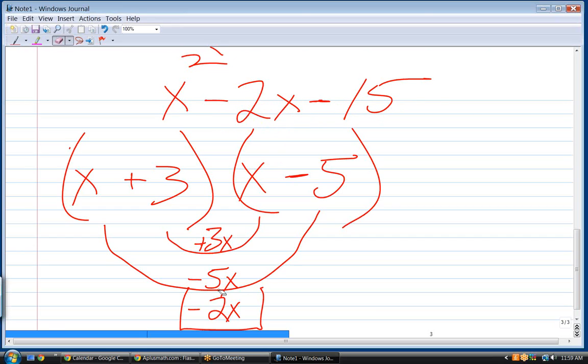Just the middle term, and I use what I call my double smiley face method, where I just draw a branch between the inside terms and the outside terms, multiply them together, add the result, and that is your middle term. You could call it the upside down rainbow. You could call it anything, but whatever helps you memorize it. In other words, if that helps you memorize it, use that.